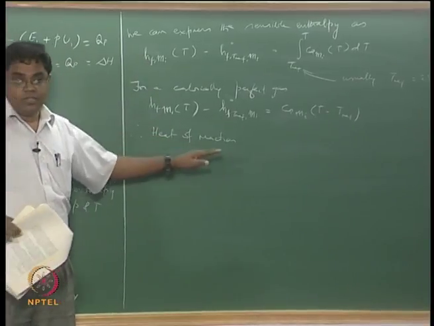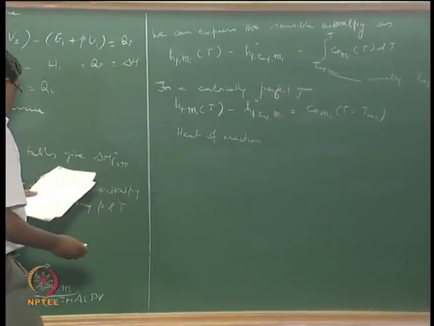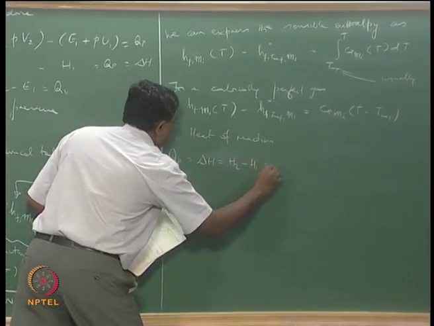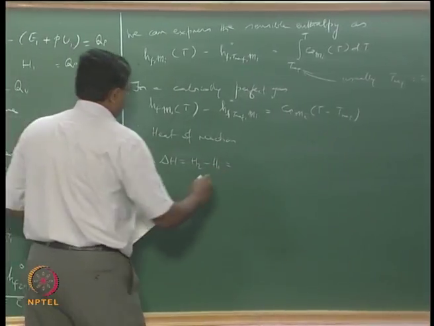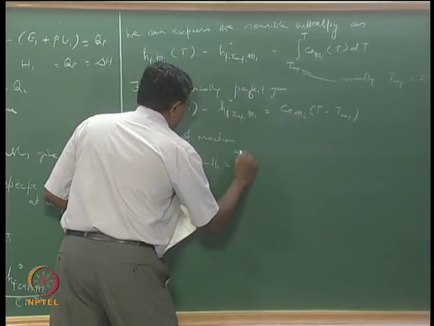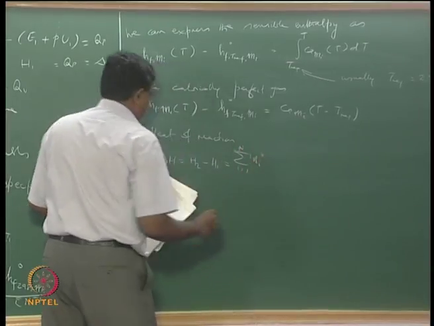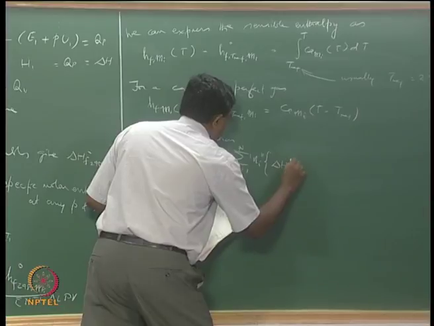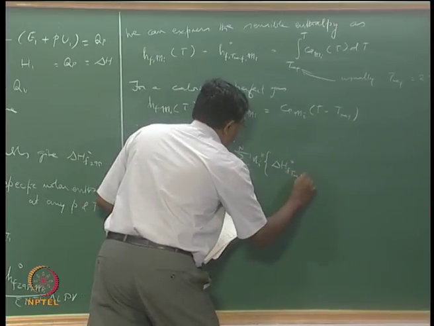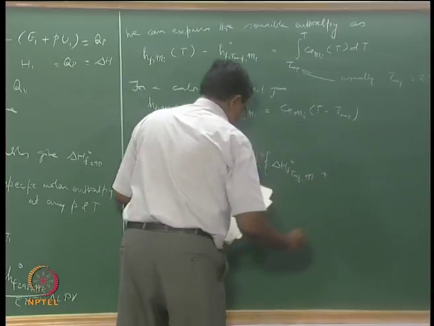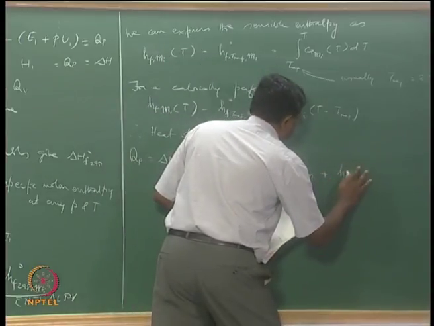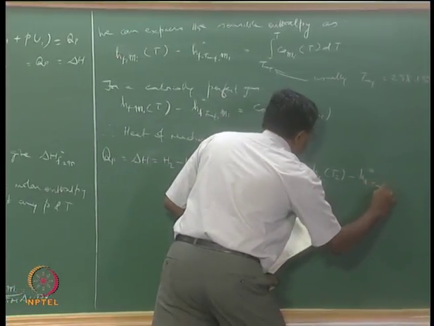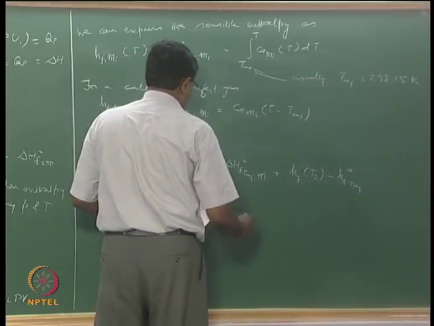For example, let's say methane oxidation to carbon dioxide and water, you can get delta H equals H2 minus H1 equal to the sum over i equals 1 to n of N_i double prime, open your curly brackets here and then write delta h_f^0(T_ref) plus h_f(T2) minus h_f^0(T_ref).